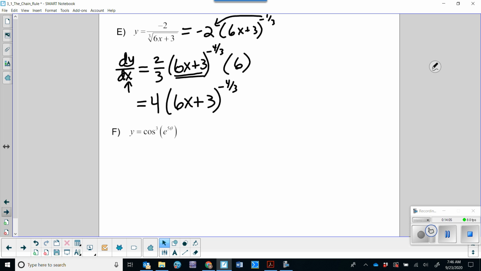So first thing I'm going to do, anytime you have a trig function and you're going to do the derivative of it and it's raised to a power, so this means cosine e to the 5 theta cubed, I'm always going to rewrite that. So this is cosine of e to the 5 theta, whole thing cubed.